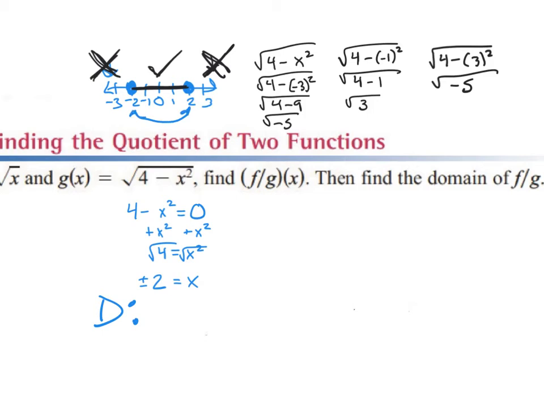Do we put brackets or parentheses? Are we including +2 and -2 or not? You are, so it's brackets. Awesome, so we have -2 to 2 as our domain here.